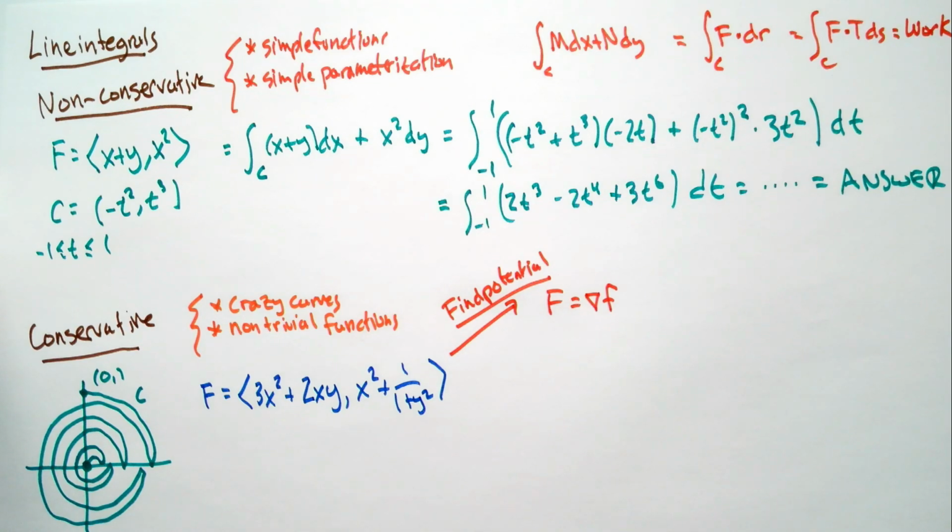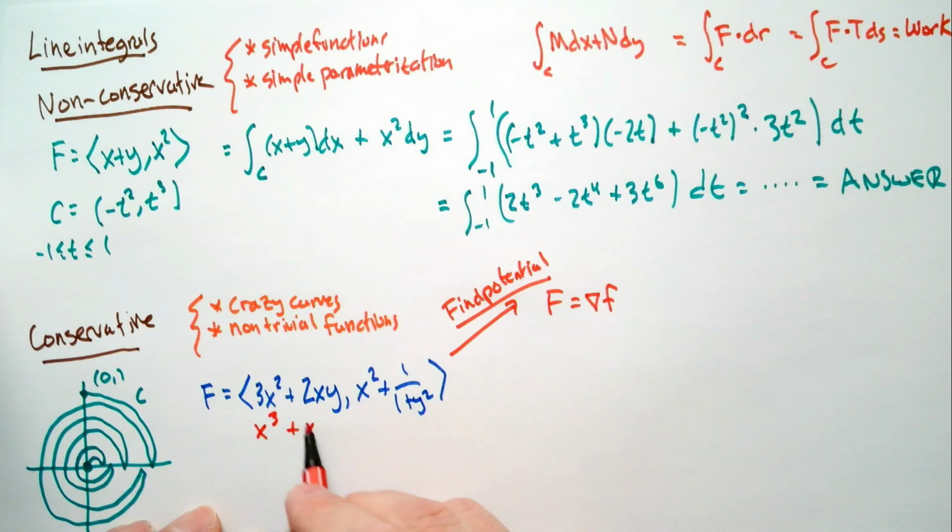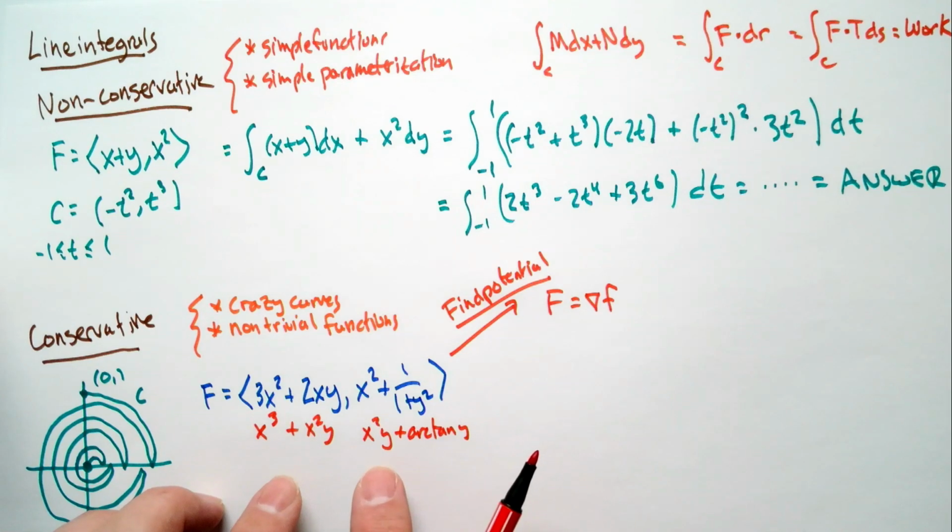So what should be true is that this should be the derivative with respect to x, that's x cubed plus x squared y, and this should be the derivative with respect to y. So I integrate here with respect to x, and here with respect to y, x squared y plus arctangent y. And now we check, are they matching up?